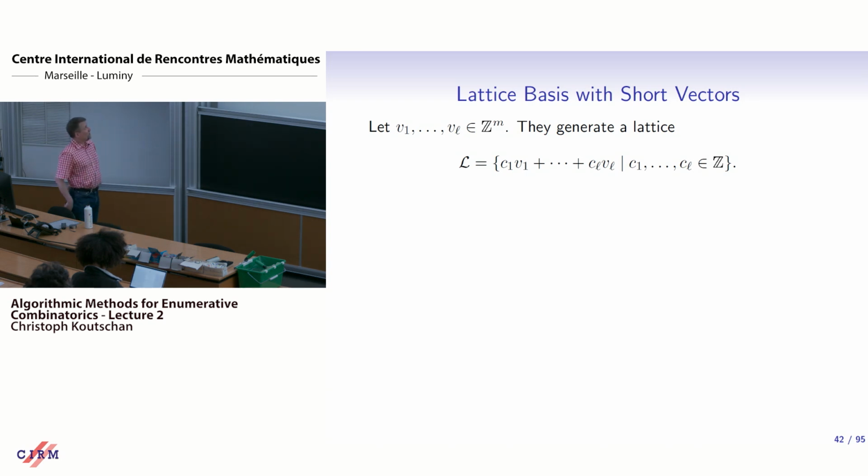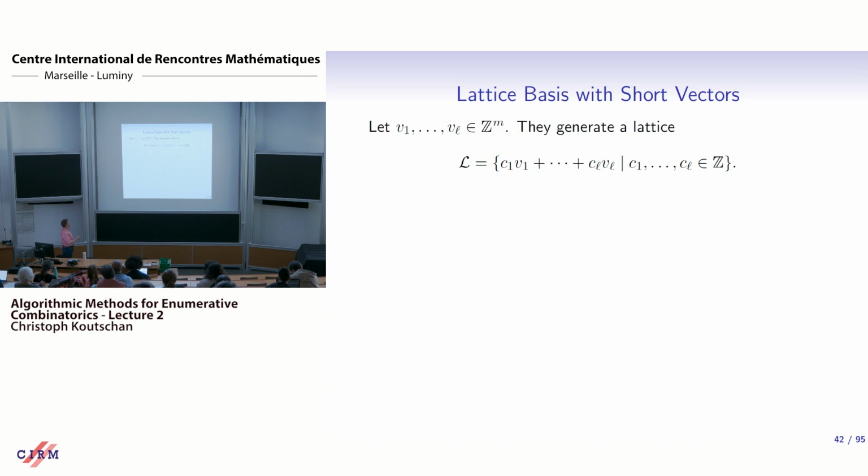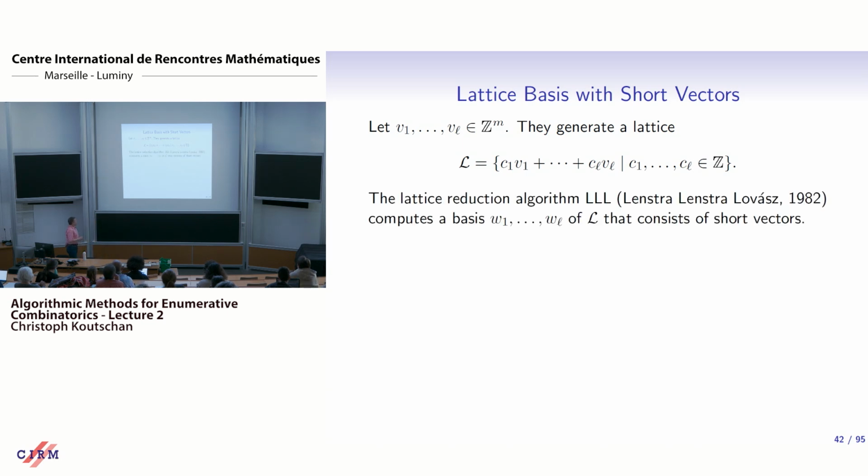We are talking about an integer lattice that is generated by vectors in Z to the m by doing integer linear combinations with coefficients in the integers. So we get a lattice, and the LLL algorithm computes a different basis for the same lattice that involves short vectors.